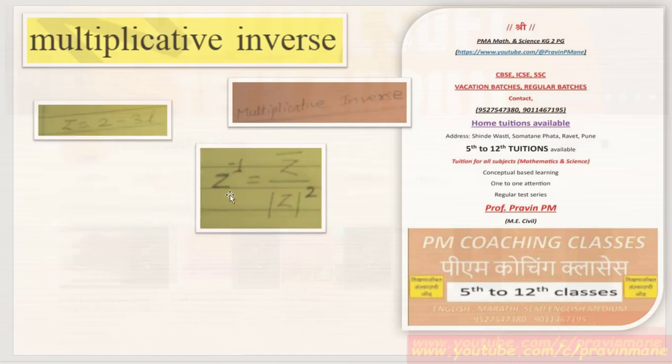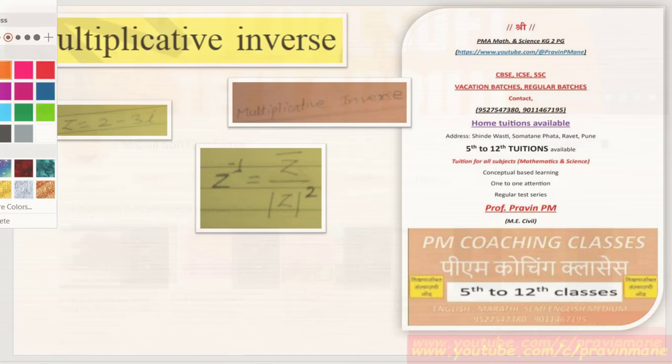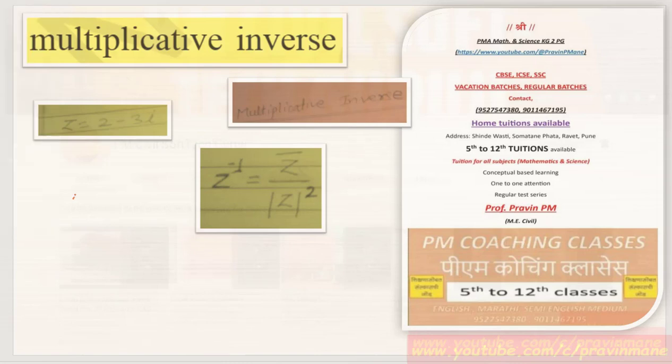Now see how to calculate it. The multiplicative inverse is denoted as z raised to minus 1, and its formula is z bar divided by modulus of z square. So this is the formula for calculating the multiplicative inverse.